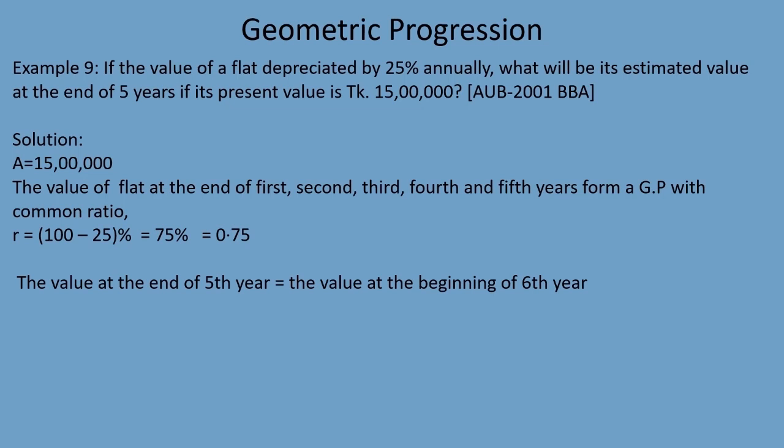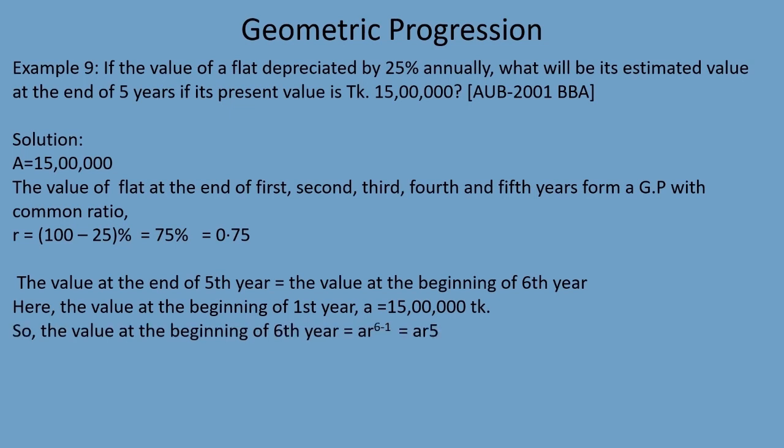The value at the end of the fifth year is equal to the value at the beginning of the sixth year. Here, the value at the beginning of the first year, a, is equal to 15,000,000 taka. So, the value at the beginning of the sixth year is equal to ar to the power 6 minus 1.